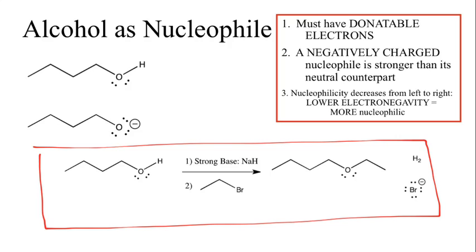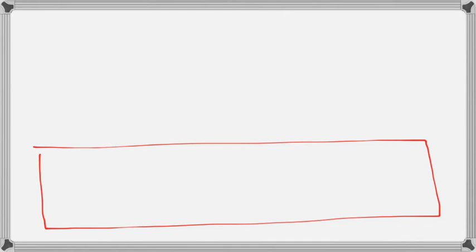Let's draw that out in our larger whiteboard pattern so we can make sure we can see what's going on. We're going to start with our alcohol. I don't know if I'm drawing the exact alcohol, and it doesn't need to be exact. With our hydrogen, we said step 1 was to react with sodium hydride.